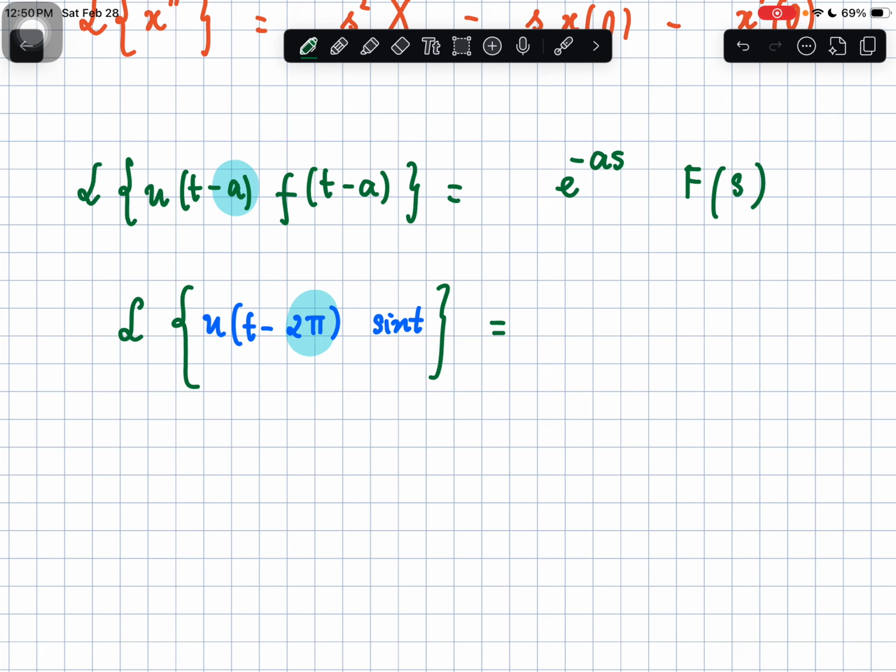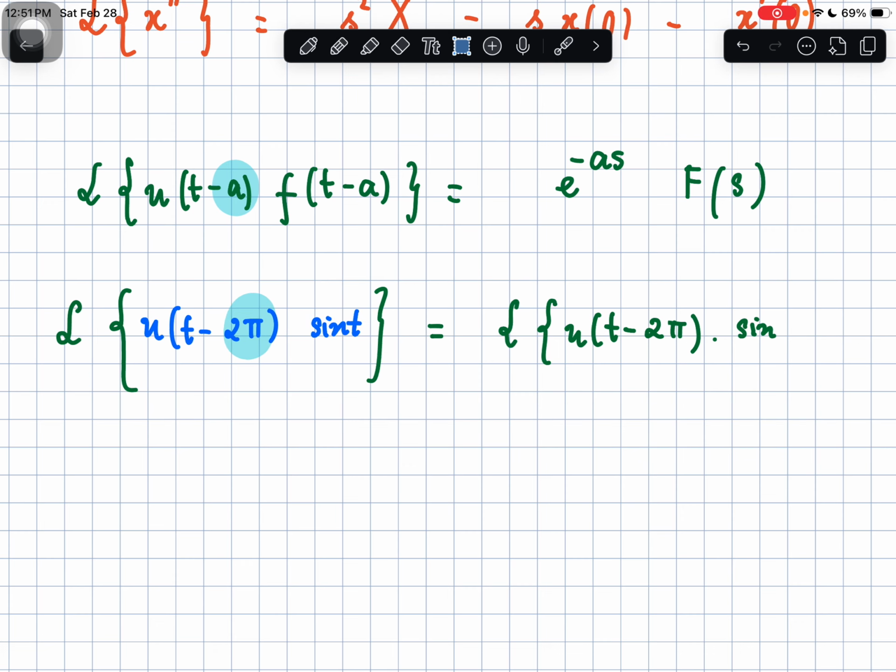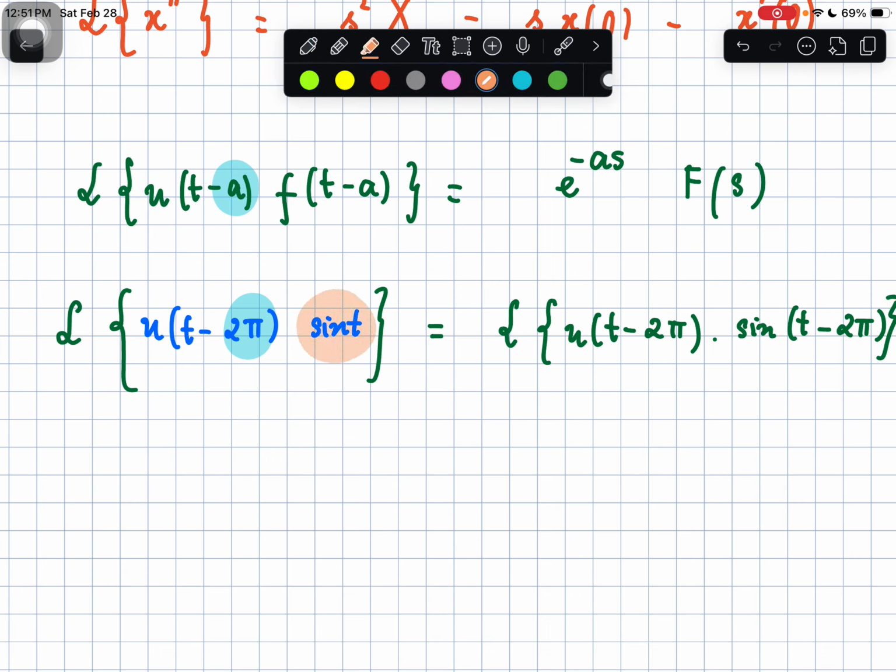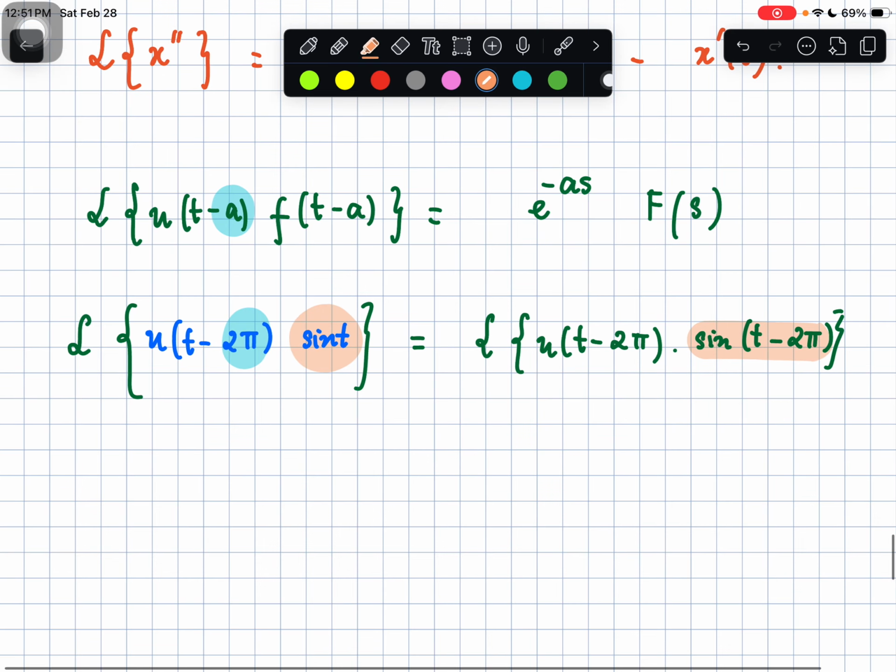We know that sin(t) here is a periodic function. It has a 2π period, so you know that sin(t) equal to sin(t minus 2π), so u(t minus 2π) times sin(t) equals u(t minus 2π) times sin(t minus 2π). This is true because sin(t) equal to sin(t minus 2π). And now we can use the formula up here.